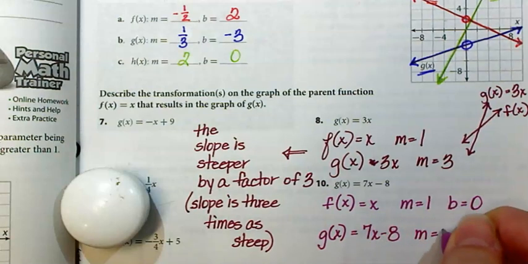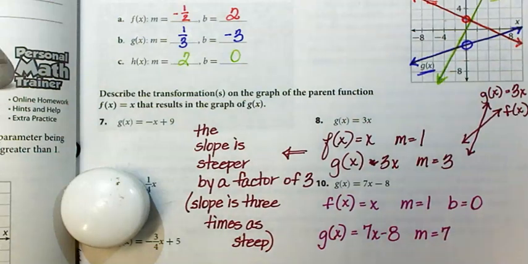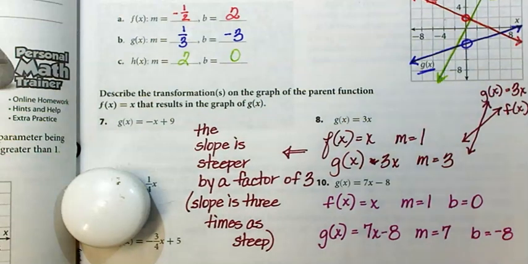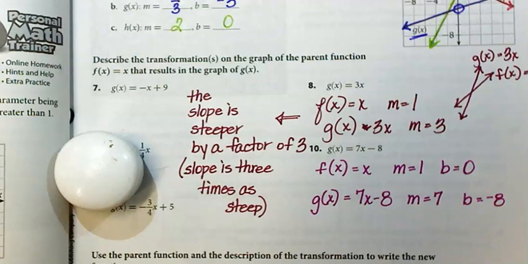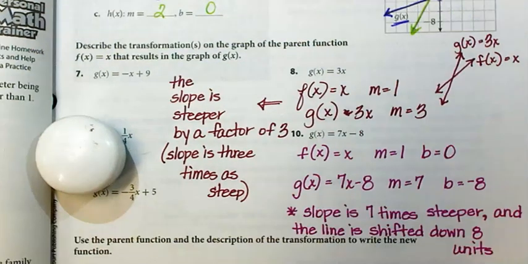Your slope is 7, so the line is much steeper. And the line was shifted down 8 units. Okay. So let me write that for you. All right, that should take us through 10.